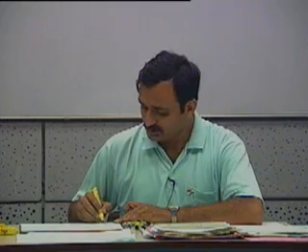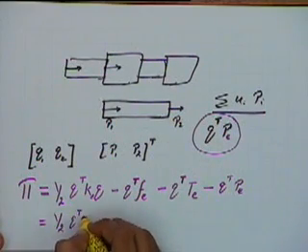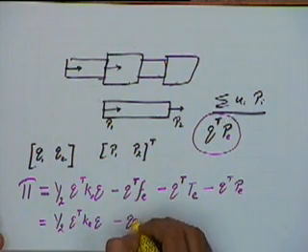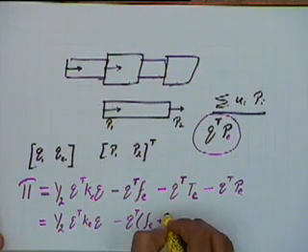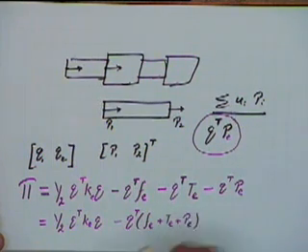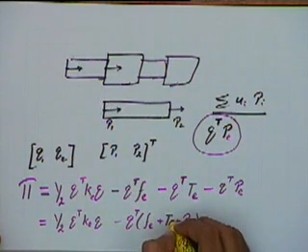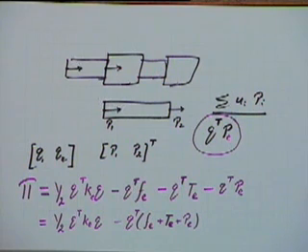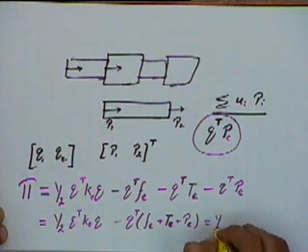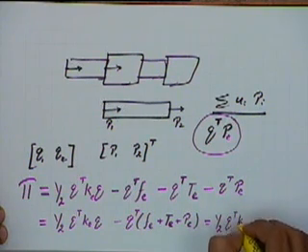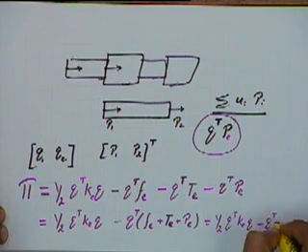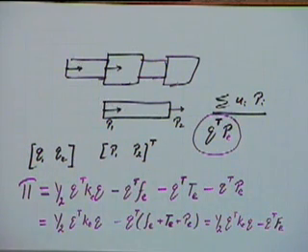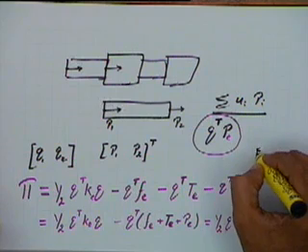Now this I will again put as half of Q transpose KE Q minus Q transpose into FE plus TE plus PE, and this is equal to half of Q transpose KE Q minus Q transpose into FE, where this capital FE that I have used is what I call the element force vector.